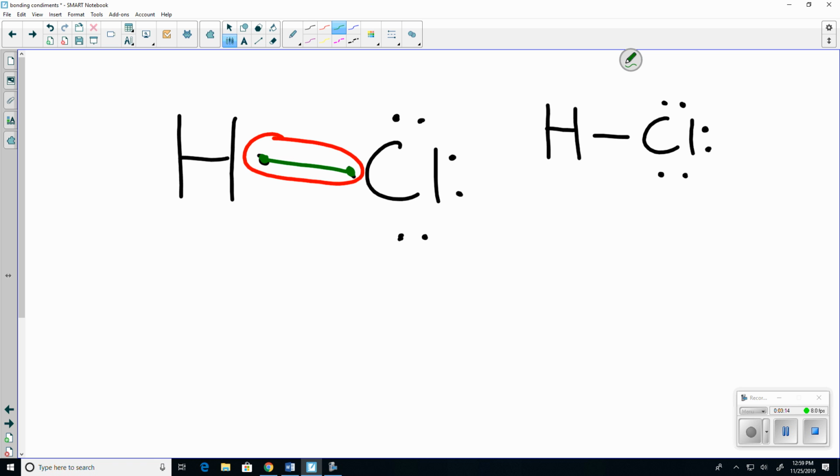Just like what I drew up on the board. So the big difference between ionic and covalent is in covalent we have kind of lines. We have a sharing of electrons. In ionic, one thing gave to the other, and it's opposite charges that hold them together.